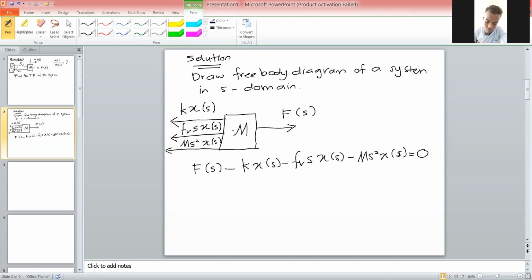Why minus? Because they are in different directions. FS is in forward direction, K, FV and M are in reverse direction.